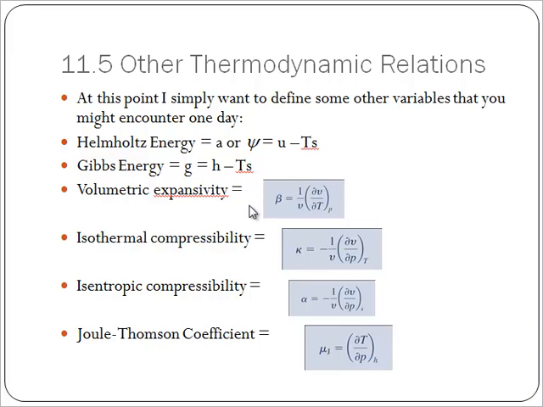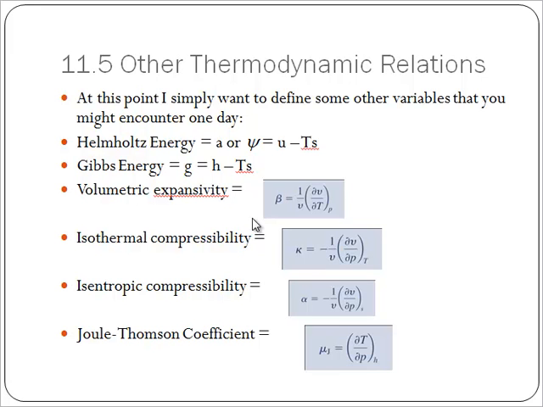These next several are variables that relate pressure, volume, and temperature to things that are occasionally a really handy way of describing a process. So, for instance, if I have something where it's a constant pressure process, but I have the temperature changing, the volume will probably change.